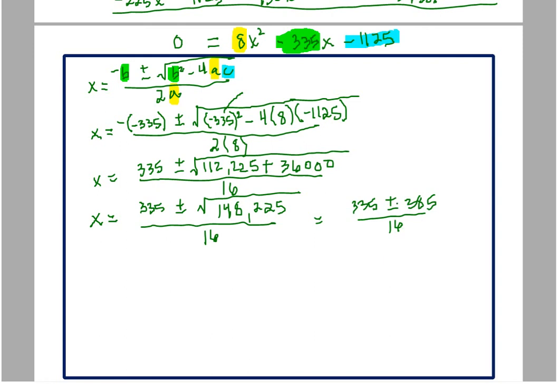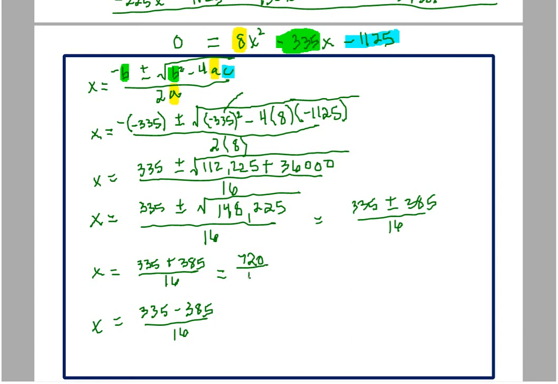Now, when we put the plus or minus, that means there's two things going on here. That means that x can equal 335 plus 385 over 16, and x can also equal 335 minus 385 over 16. So let's simplify both of those. Let's do the first one. 335 plus 385 equals 720.